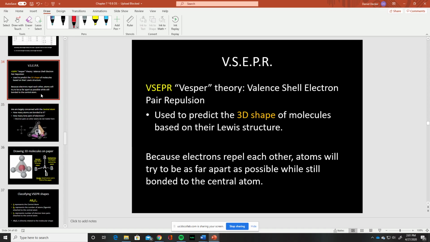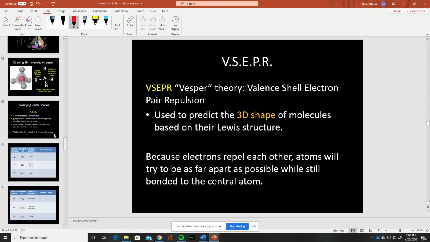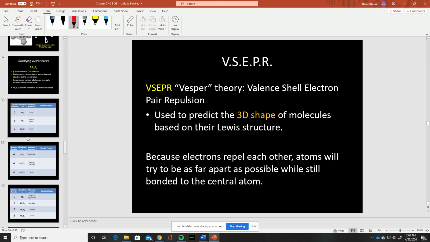I knew there were 2 different ways that I asked questions about VSEPR, and I was trying to make sure I remembered what the second way was. The first way was I would just give a generic description.